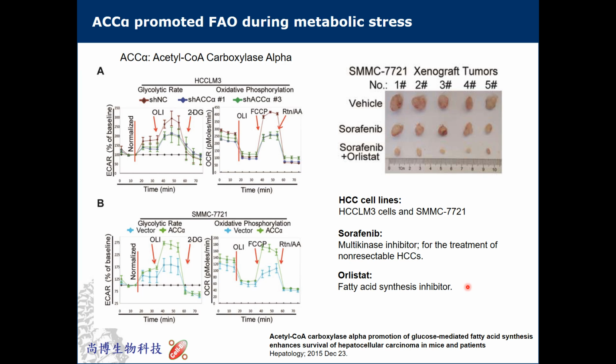And if we want to cure tumor, we need to know the nutrient they prefer to eat. And here is a very interesting cancer cell, HCC. As we mentioned about tumor cells, they usually live in a hypoxia condition. They should prefer glycolysis, and the mitochondrial function should not be very good.